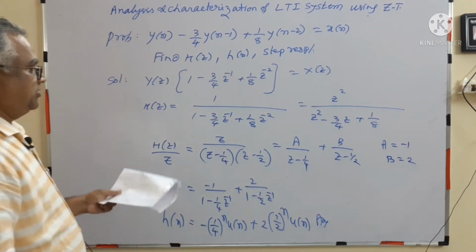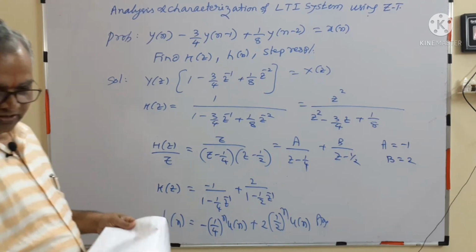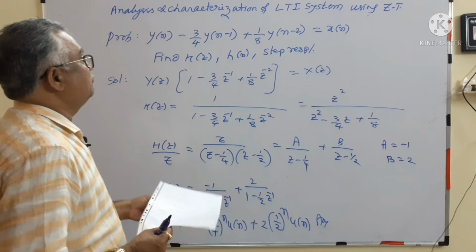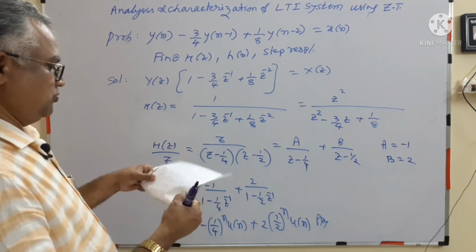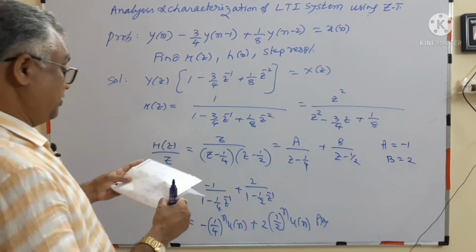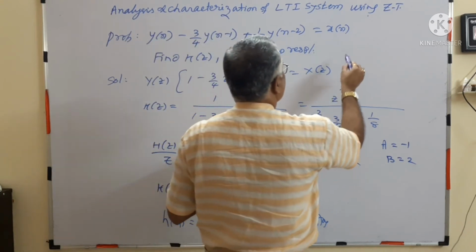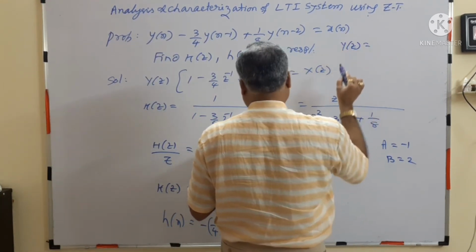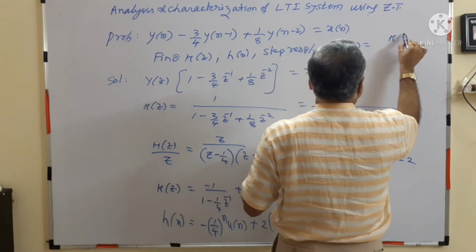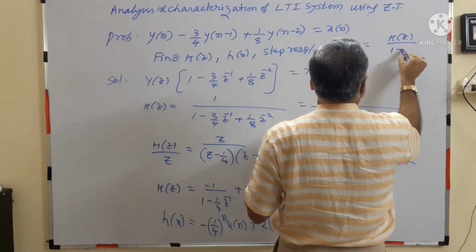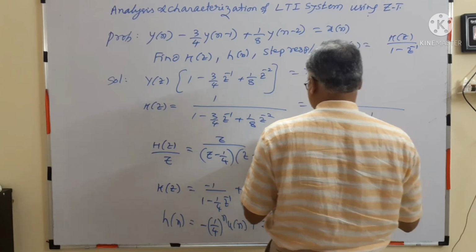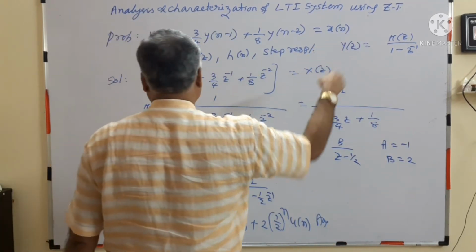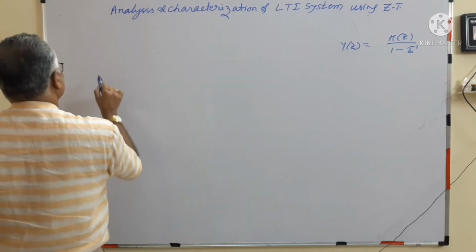This is H(z), h of n. Now we want a step response also. So what is step response? Step response is Y(z) equal to H(z) by (1 minus z inverse). So that part we will do it again.